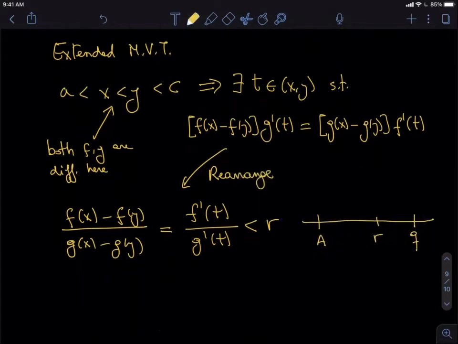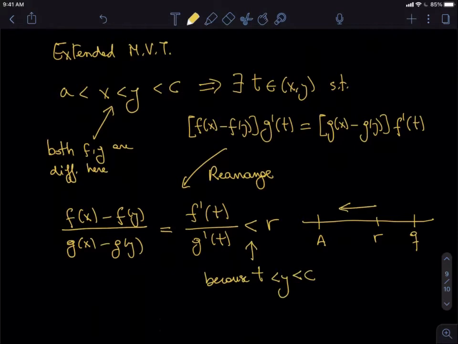Because t is less than y, which is less than c.